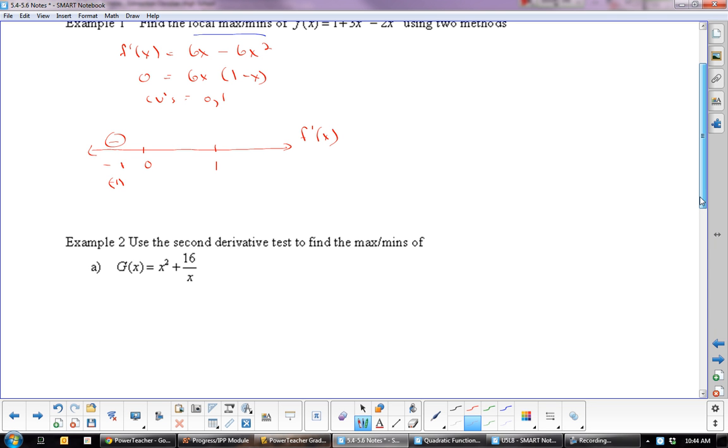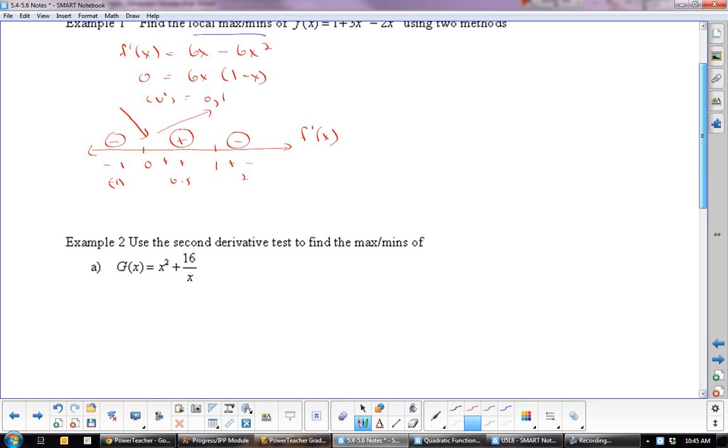If we put in, I don't know, 0.5, that would be a positive times a positive, which is a positive. And if we put in, say, 2, that would be a positive times a negative, so that's a negative.